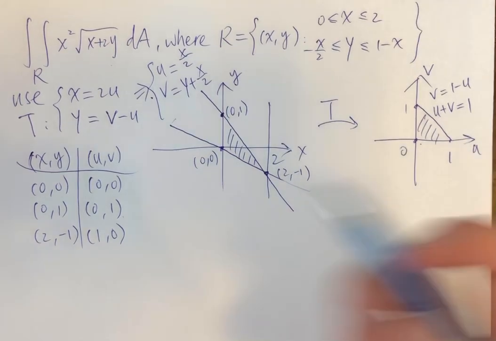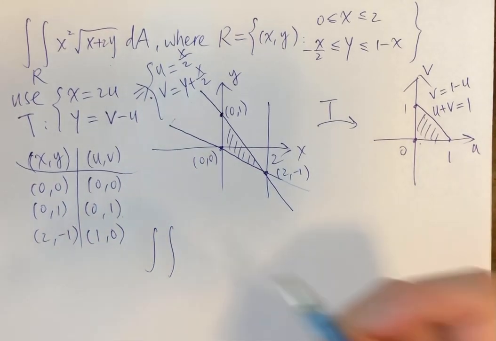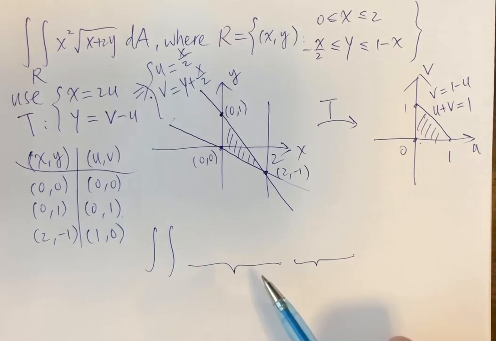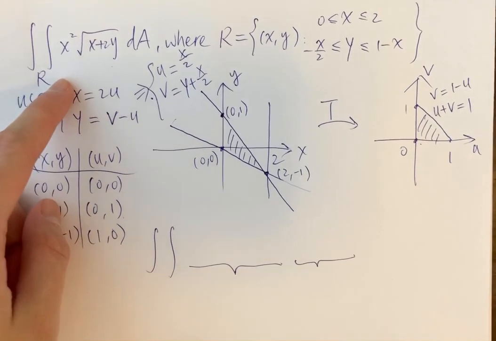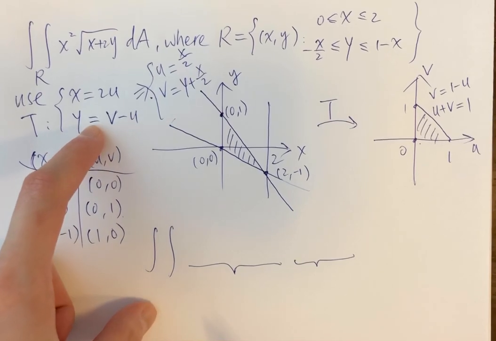Okay, and then to set up the integral, we know that there are 2 parts, right? One is we will replace the x and y based on these 2 equations.